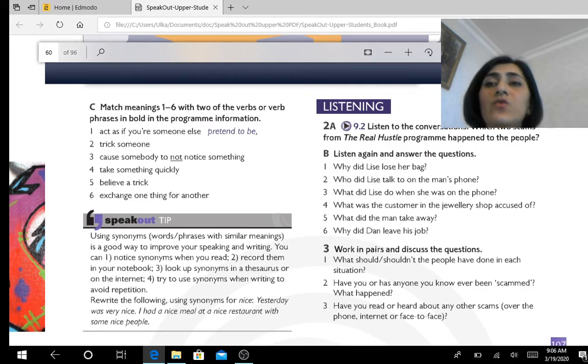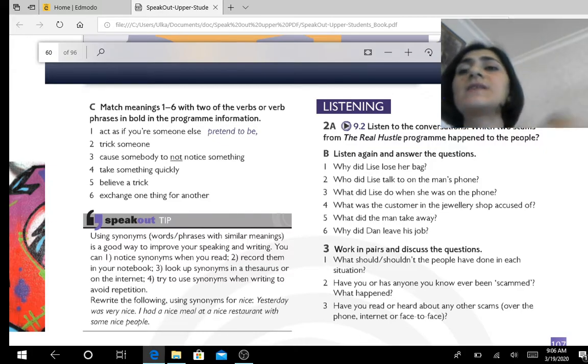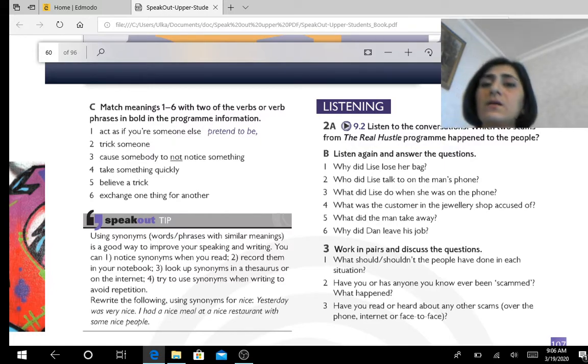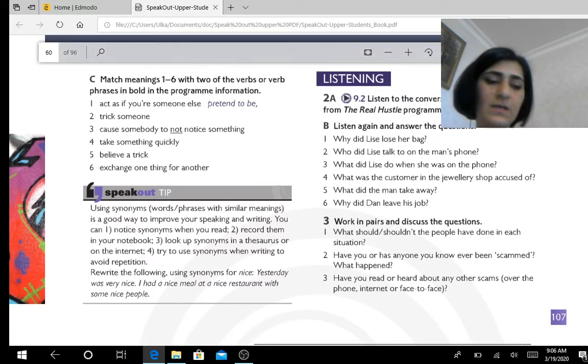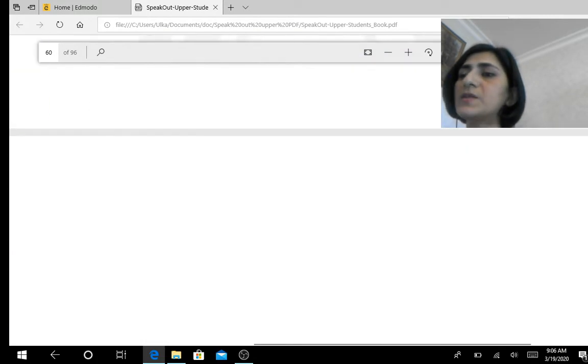Write down your answers and submit your answers of this exercise and the other tasks we have here. Submit your assignments to me on Edmodo and get your feedback. And the next is page 121.